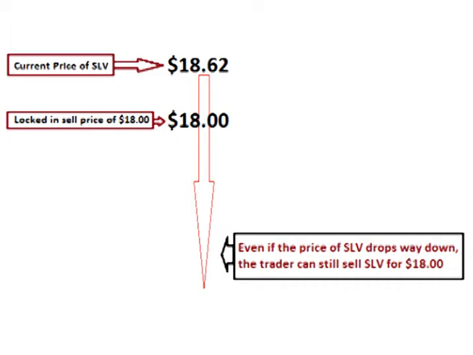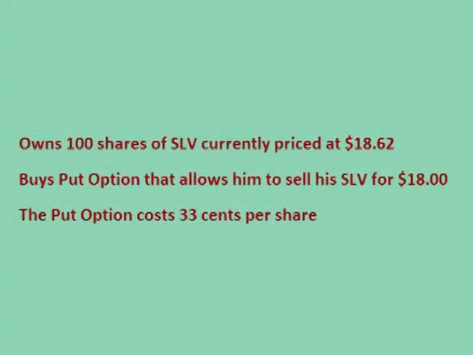Even if the price of SLV drops to $6 per share, the trader can still sell it for $18 per share anytime he wants up until the time that the option contract expires. When used this way, a put option acts like an insurance policy against loss. The trader had 100 shares of stock, currently priced at $18.62 per share, worth $1,862 total.